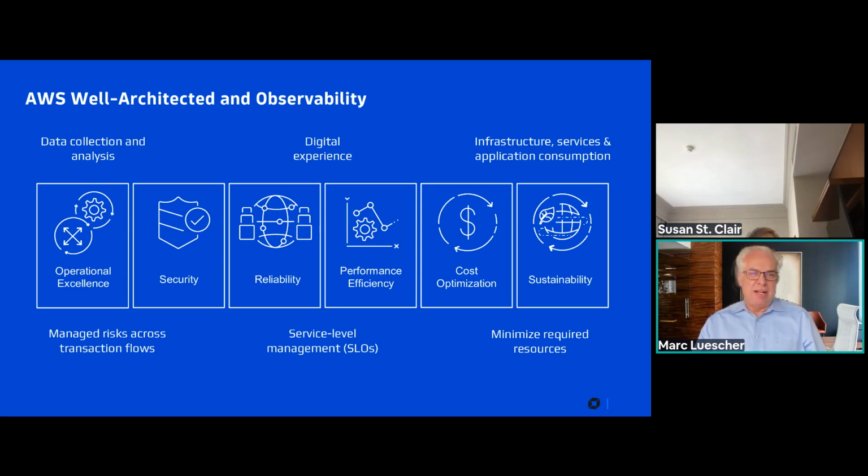Security pillar and our security, well-architected and observability aspects have been changing a lot. One side is the threat landscape is changing. That means we get more attacks, we get more vulnerabilities. But people, because of what happened with some other vendors out there, are getting much more worried.